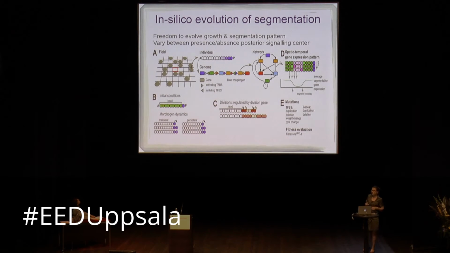So typically what these models look like is that we have a virtual 2-dimensional world in which in-silico organisms live, move around, and die. To make matters a little bit simple and computationally tractable, because you don't want to, each time you put your simulation on, go on holiday for a month and then come back, we only treat 1-dimensional embryos, and we give them a genome with genes and regulatory binding sites that encode a network.